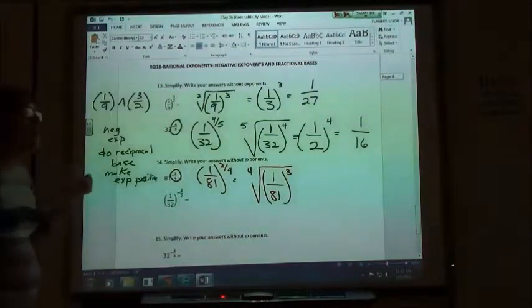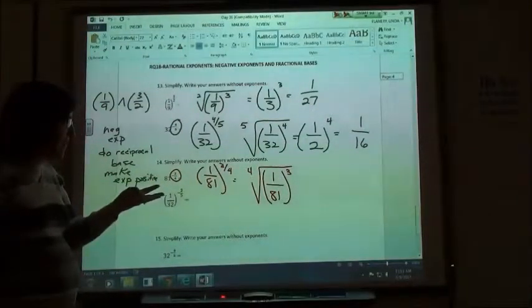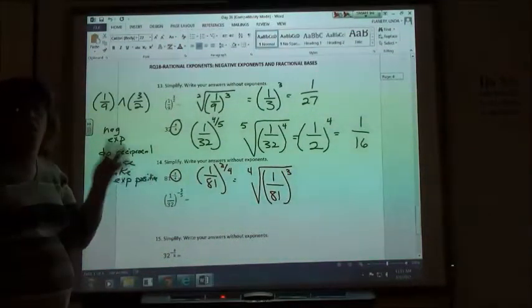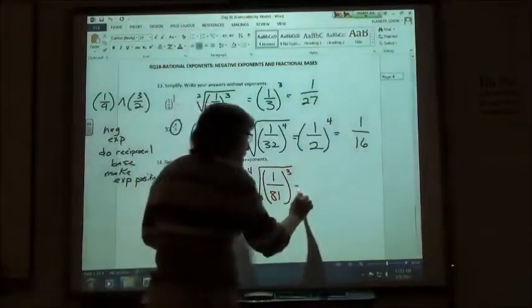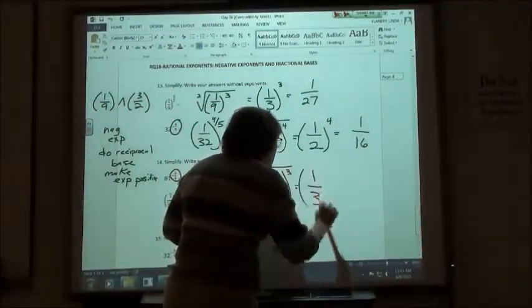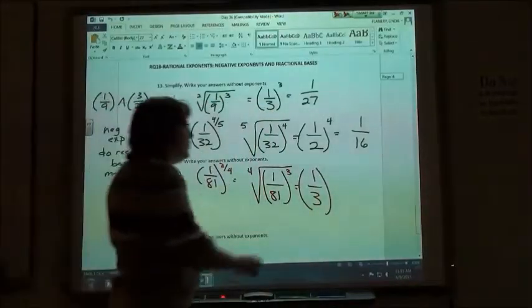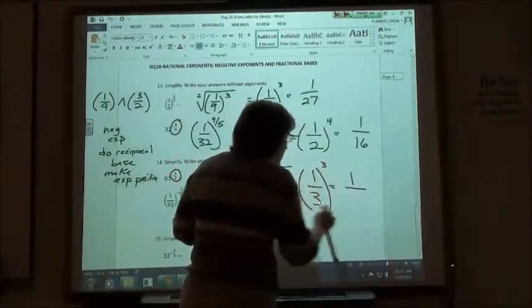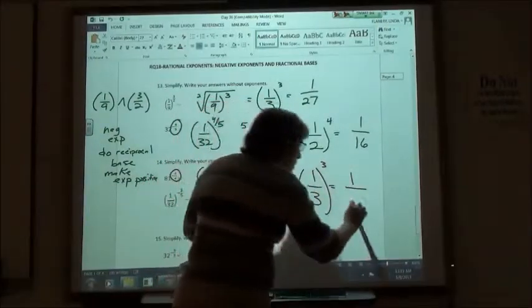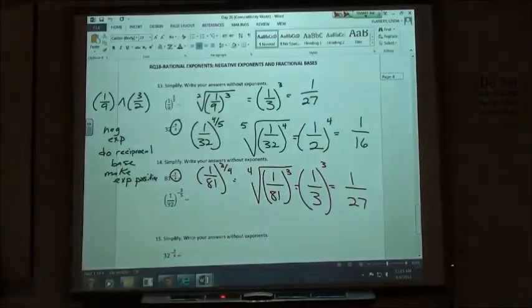What was 3 to the 4th? 3 times 3 is 9. 9 times 3 is 27. 27 times 3, oh, there's my 81. The 4th root of 81 is 3. So the 4th root of 1/81 is 1/3. I then have to raise that to the 3rd power. 1 cubed is 1. 3 times 3 times 3, 3 cubed is 27. So I get 1/27.